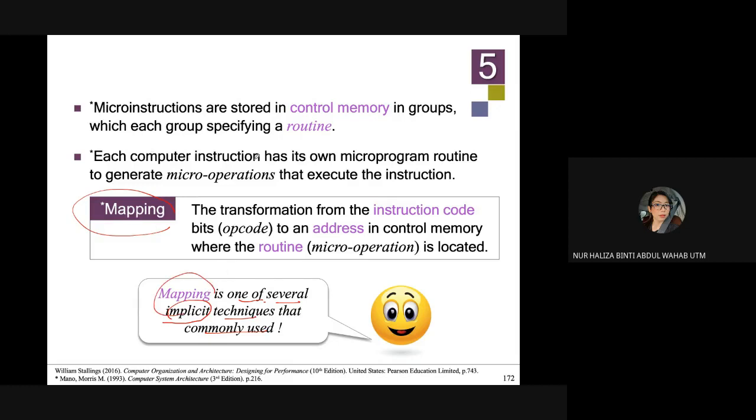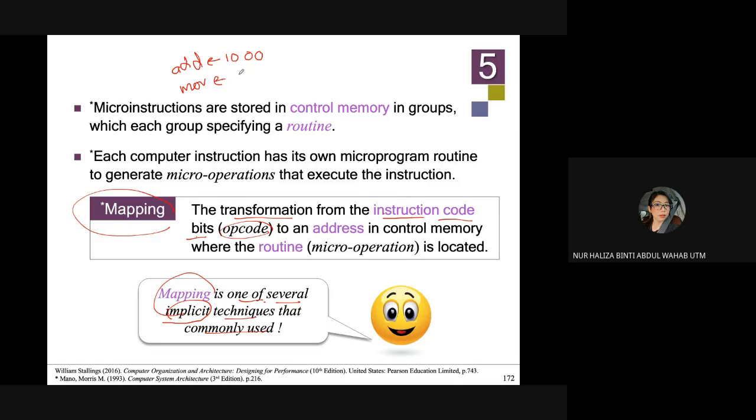What is mapping? Mapping transforms the instruction code, the one that you type in, which is the instruction code bits, your opcode. Let's say add, you have the instruction code. Let's say this is the opcode in bits for addition.